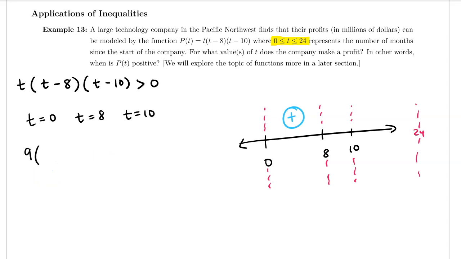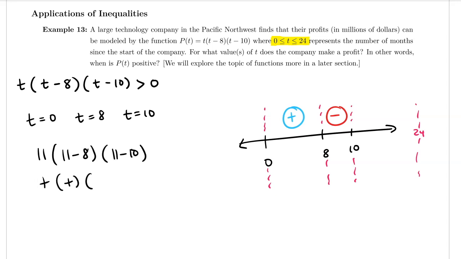I would have 9 times 9 minus 8 times 9 minus 10. This is a positive times a negative, so that is going to leave us with negative here. And then lastly, let's choose 11 as a test number. So I'd have 11 times 11 minus 8 times 11 minus 10. This is going to be positive, positive, and the last number is going to be positive. So multiplying all of those together, we would have positive.